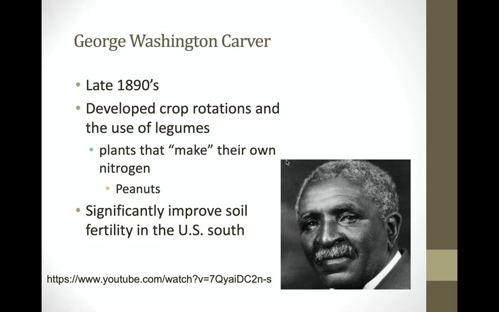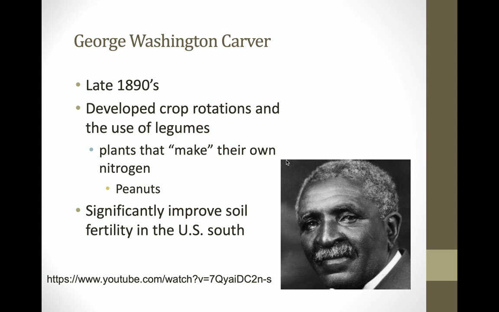And so both of those plants don't have to have nitrogen fertilizer. When we think about fertilizers, you are basically thinking about nitrogen, phosphorus, and potassium being added to the plants to make them grow better. And the nitrogen makes them green.